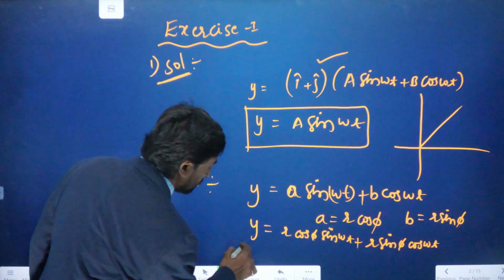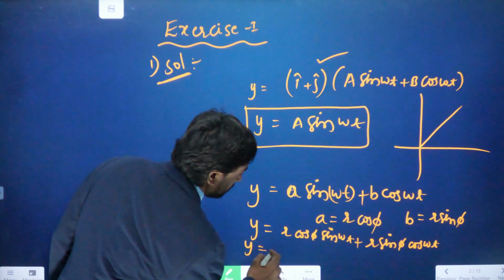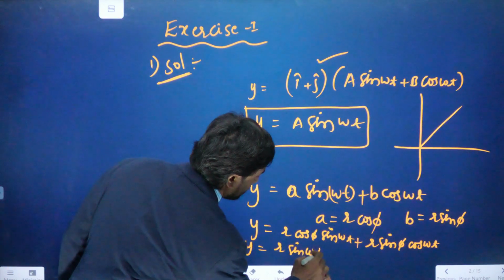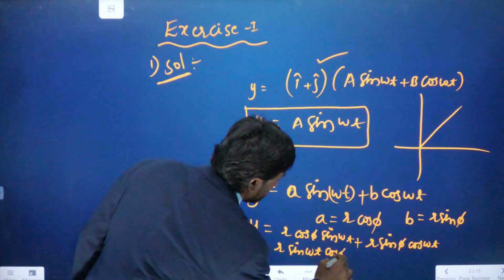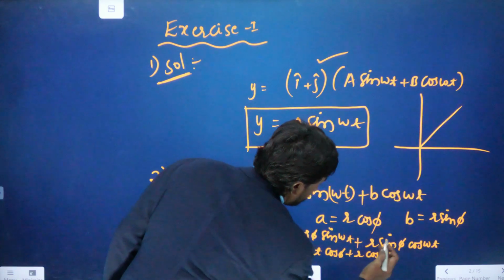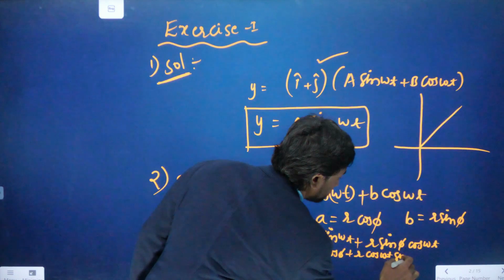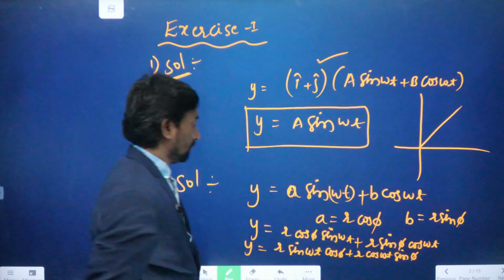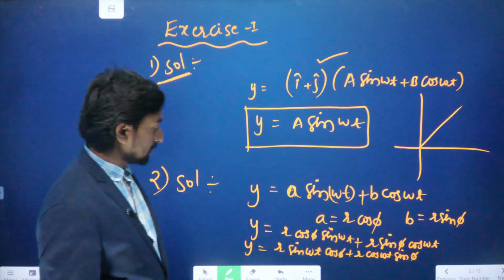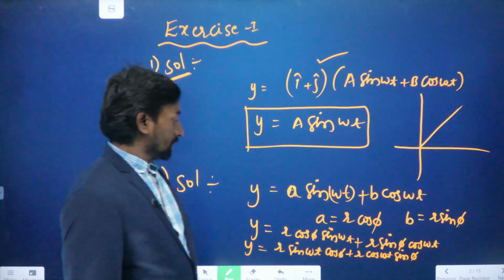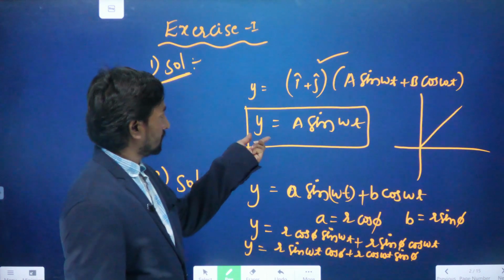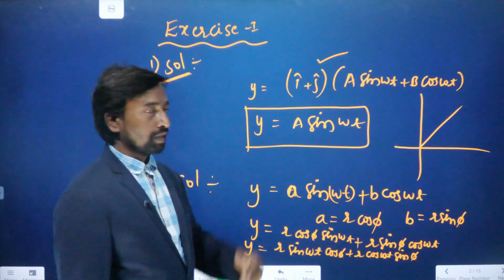Now if you rearrange these terms, we'll get r sin omega t cos phi plus r cos omega t sin phi. Then if you take r common, it will become sin of omega t plus phi. So that equation represents the standard equation y is equal to a sin omega t.